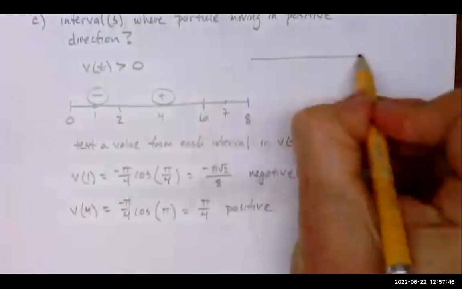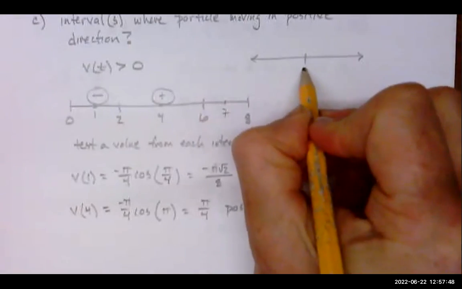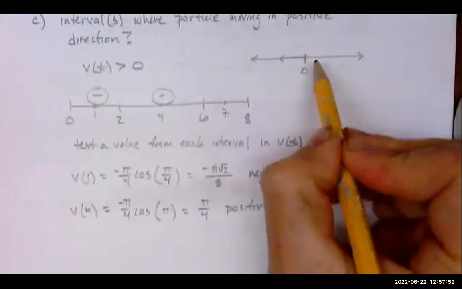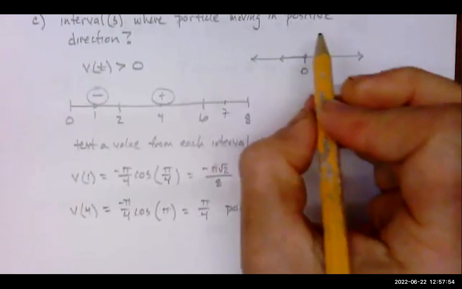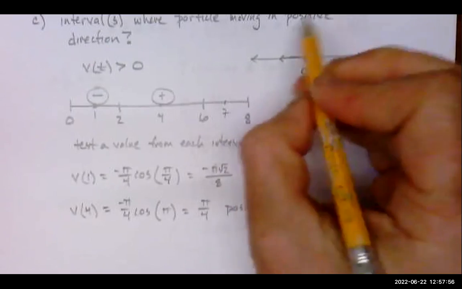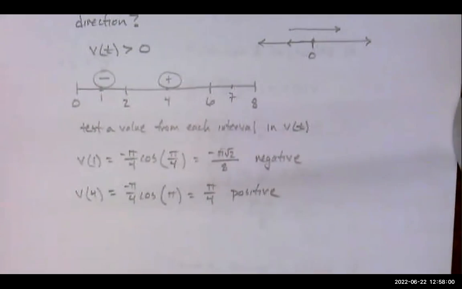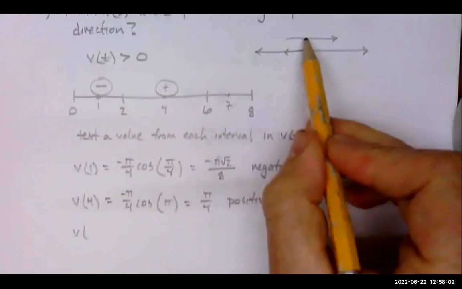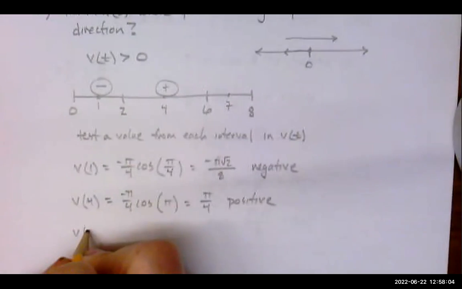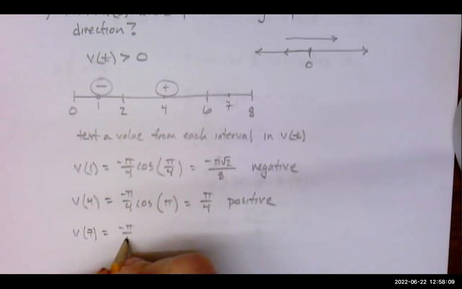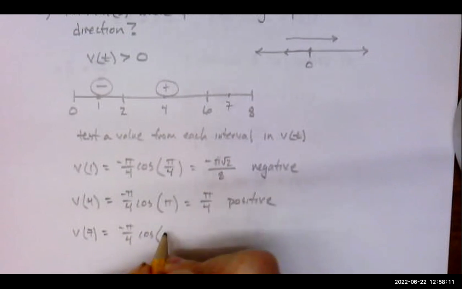If we think of it as starting at the origin, for the first 2 seconds it's moving this way. Then it slows down, comes to a stop. Then it's going to start heading back the other way. At 6 seconds, it slows and comes to a stop. And finally, it's probably going to start moving back in the other direction.